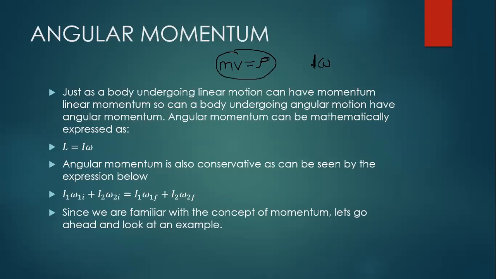So in linear motion we have mass, but in rotational motion we have moment of inertia. In linear motion we have velocity, in rotational motion we have angular velocity, and this is equal to momentum. And the momentum of angular motion we denote as L, a slanting L like that. So that's the symbol for angular momentum.